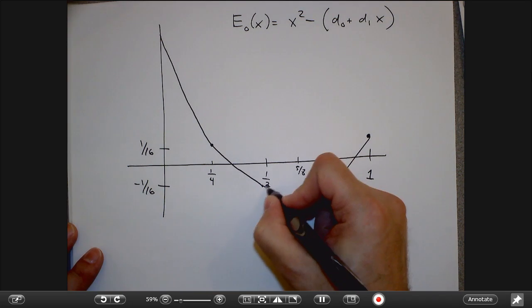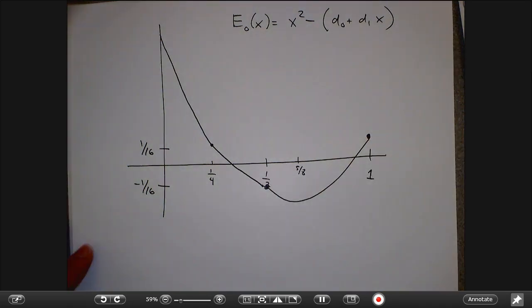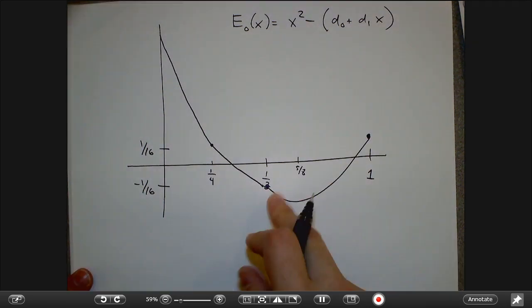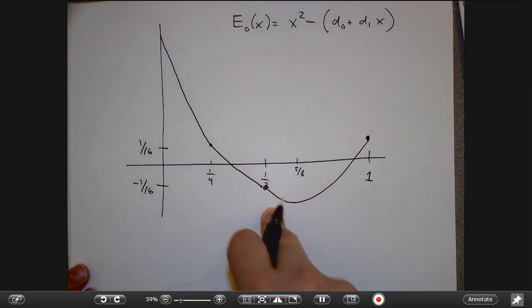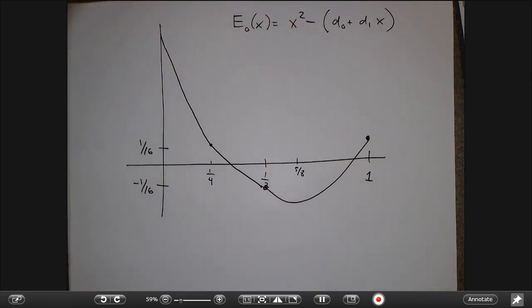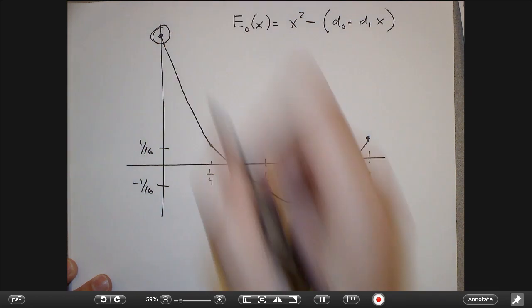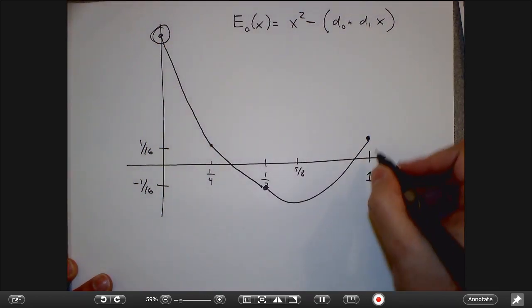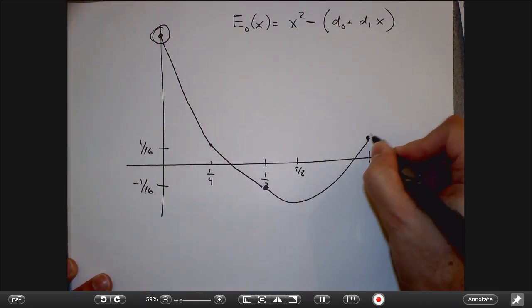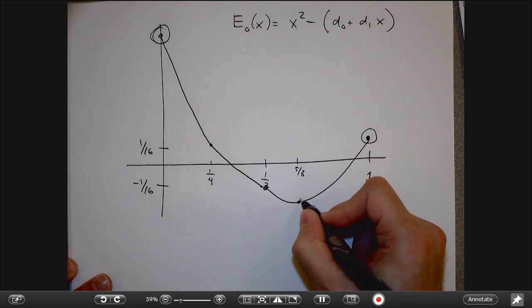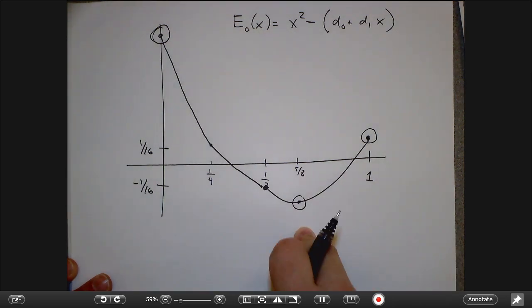So yes, I was able to make the error equal to those constant values at these 3 points, but if I look at my actual result, I can see that it doesn't actually take the maximum error at those 3 points. There's a lot more error somewhere else, right? So the error is really big over here, and the error is more than a 16th over here, and the error turns out to be biggest in this direction at 5/8, right?